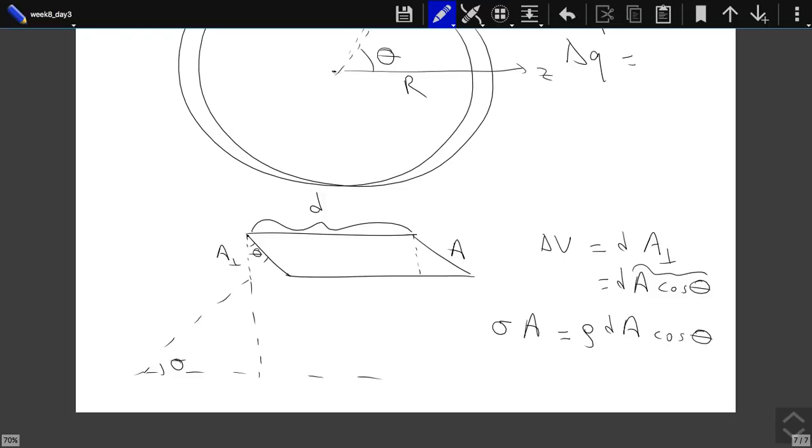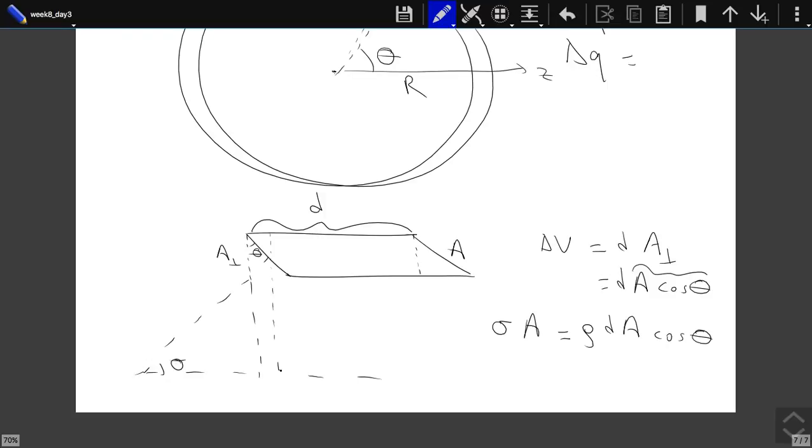But this length plus this length gives me this total length. So that is a. So a perp is just a times cosine theta. You mean from through here? Yes, it will be the same. If you want, you can just divide the area a into two parts, and for each part the perpendicular area will be multiplied by cosine theta.